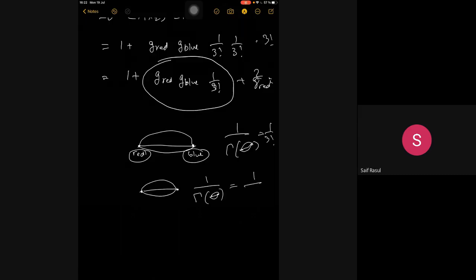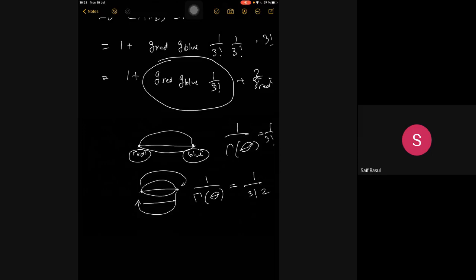Oh, then you could flip the 2 vertices and get another 2 multiplied in the bottom, because it wouldn't change the symmetry. You have an option to flip the vertices. This can be here or this can be here, it doesn't matter. That's why you have a symmetry factor of 2.